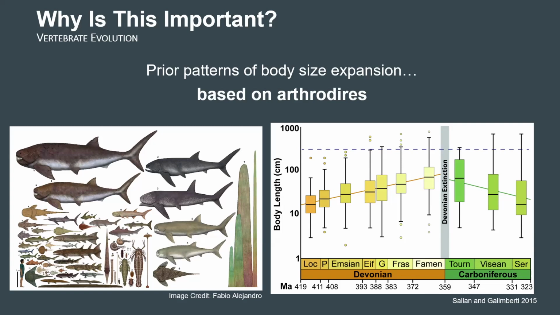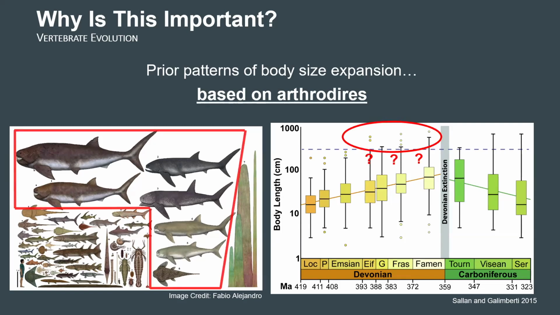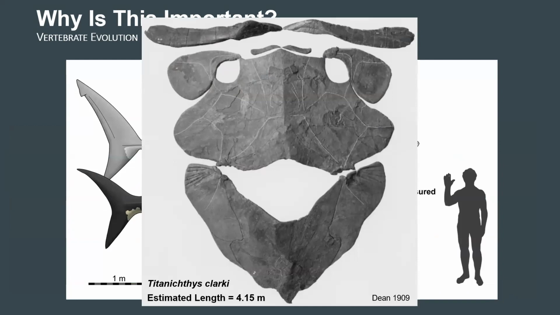But the odds of it being 6 meters long are very low, because we have a couple of decently preserved specimens, and they give you about 4 meters. In fact, this may be an overestimate, because some of these landmarks in Titanichthys are based on landmarks that you'd expect to be abnormally large in a filter-feeding animal like a whale shark, and Titanichthys is thought to be a filter-feeder like a whale shark.